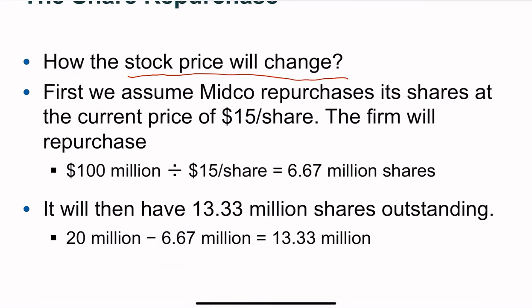Let's assume we will have the same result as our last chapter. That is, let's assume when the firm Midco is repurchasing shares in the market, the share price stays the same. So let's assume Midco could repurchase shares at $15 per share.